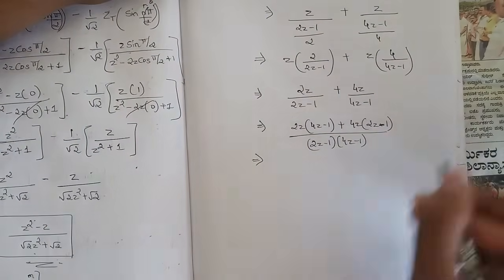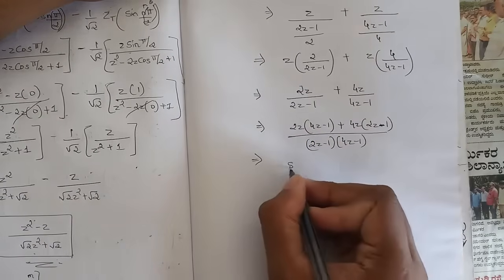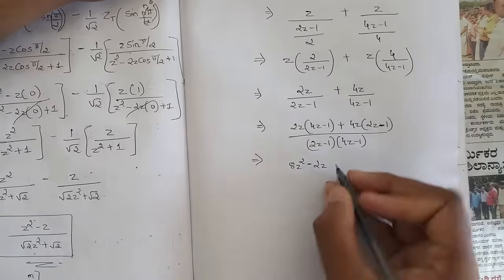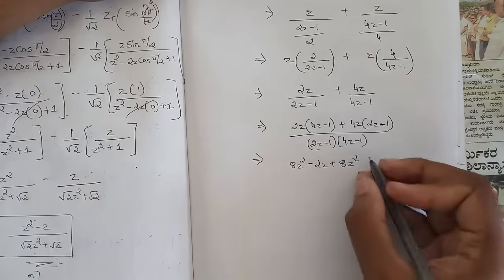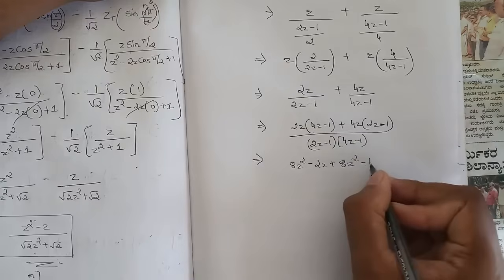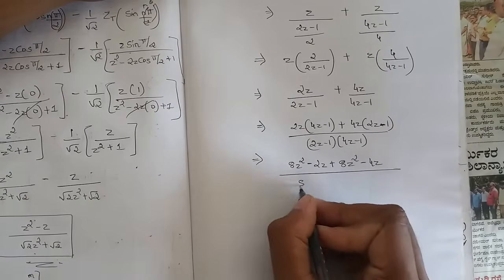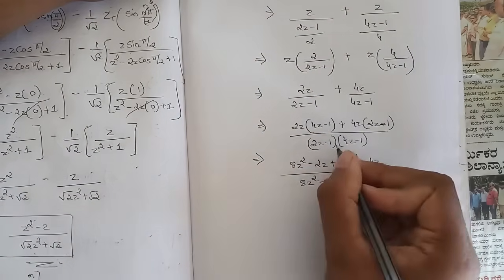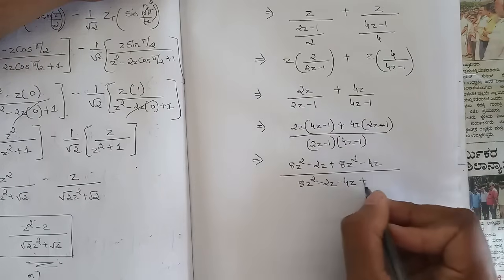This is minus. So now let's multiply. 2z into 4z is 8z square minus 2z plus 8z square minus 4z divided by 2z into 4z again 8z square minus 2z minus 4z plus 1.